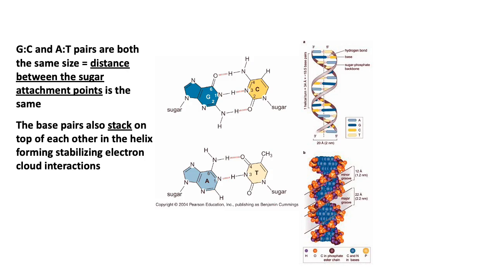So if you have a purine binding a purine, with 2 rings and 2 rings, that's going to be a very wide pairing of nucleotides compared to a pyrimidine binding a pyrimidine, which is only 1 ring on each, and that's going to be a very narrow pairing of nucleotides. But if you have 1 purine and 1 pyrimidine, they're always going to be approximately exactly the same length. From one sugar to the next, the distance between them is uniform.